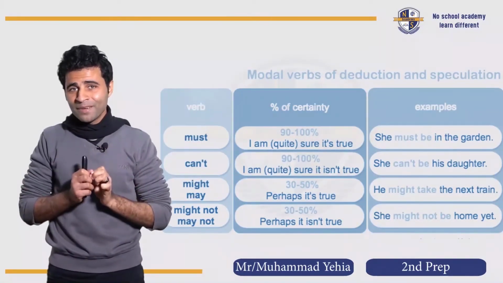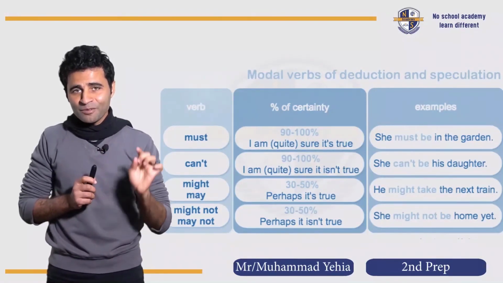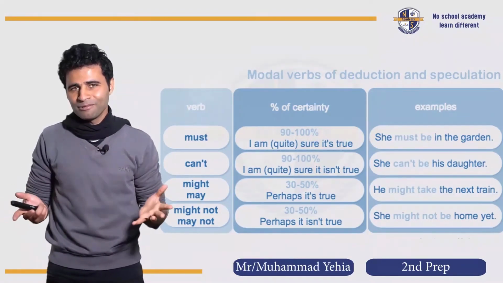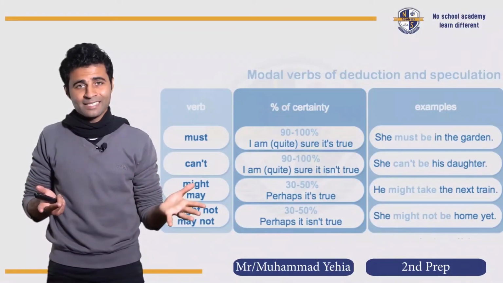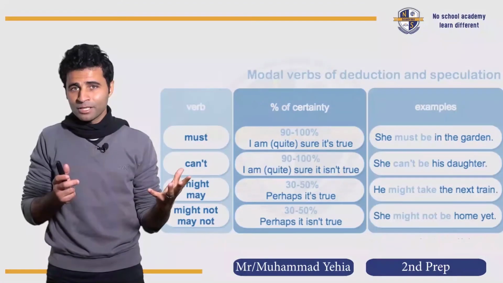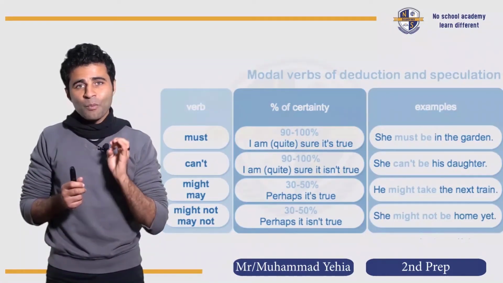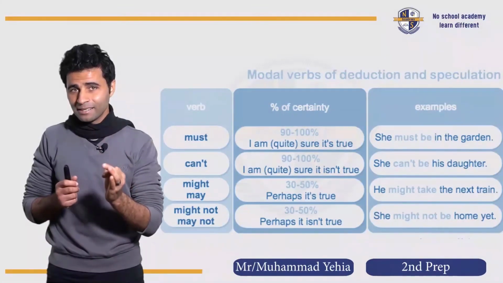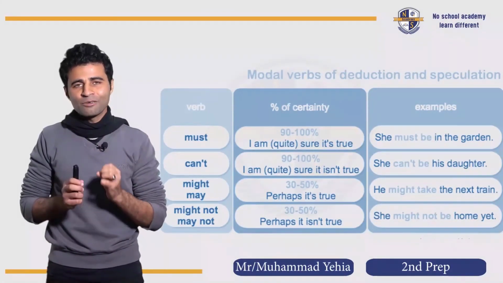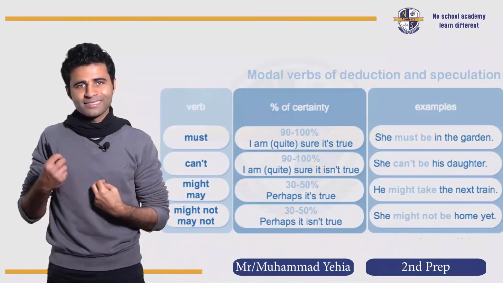So when I meet him, oh, hi, welcome to Egypt. You must be Paulo. Because I'm sure he is. He's someone from a different country my brother told me about. So I'm sure he is. So you must be. This is the use of must that we have today when you are sure about something.